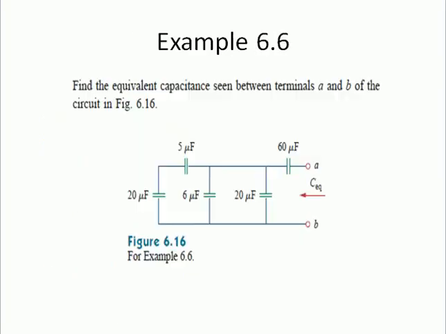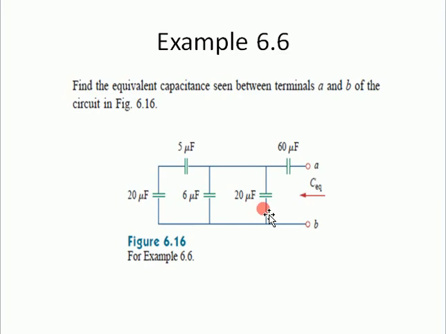Now we will solve an example in which we have to find the equivalent capacitance. First of all, we look at the equivalent capacitance from this terminal. This 20 microfarad and this 5 microfarad capacitor are connected in series, while this 6 microfarad and this 20 microfarad capacitor are connected in parallel.